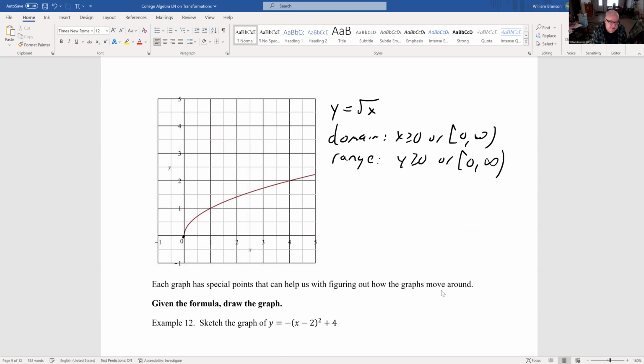Because the graph starts here, there are no square roots of negative numbers, and for the outputs, we're taking the positive square root. So there are really only 2 special points here. Call this one A and this one B. So A is here and B is here. You could have a third one, which is 4, 2, but I generally don't use that one.